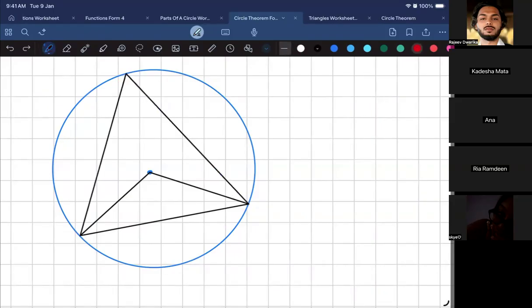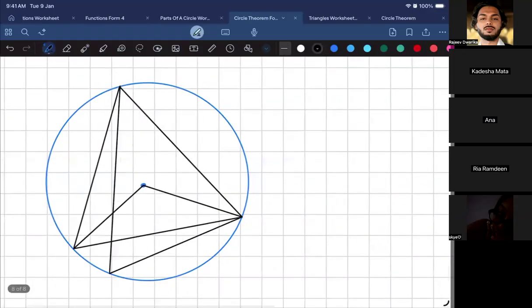You know what? I'm not gonna use any different colors because CXC, not gonna use any different colors. Okay. All right.